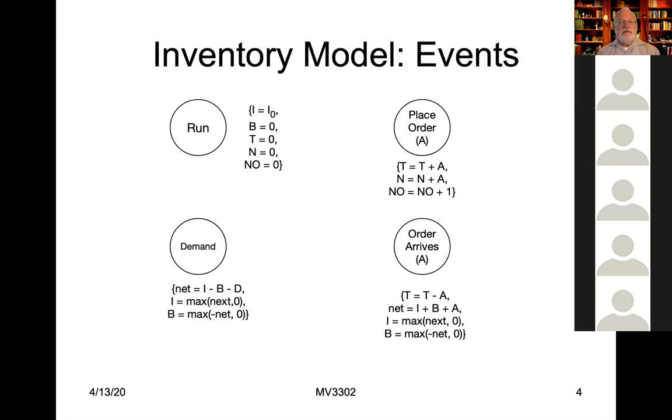Now, what could happen? What could affect our variables of I and B? Well, the first would be a demand. So when we get a demand, remember that the customer will demand a certain amount. Here's the thing: what do we have to give them?